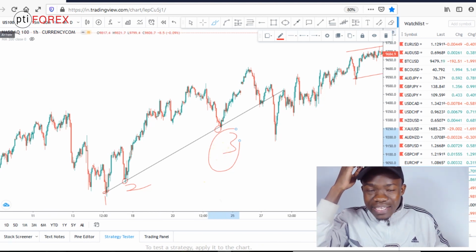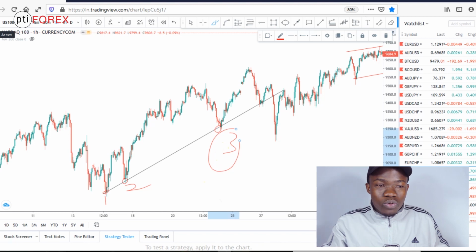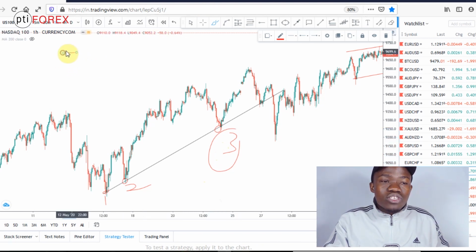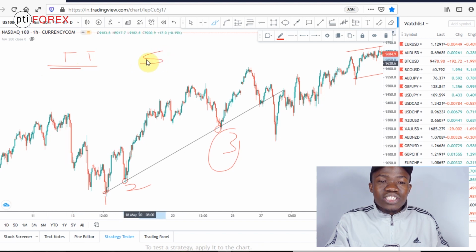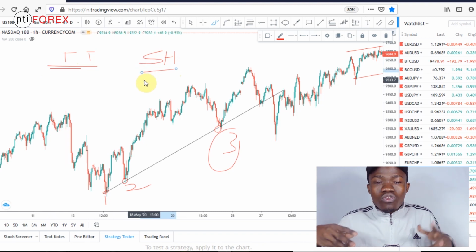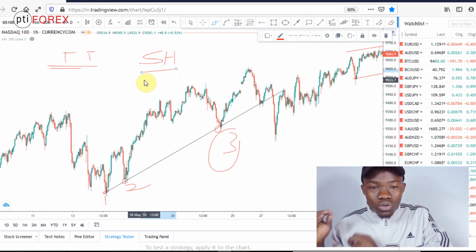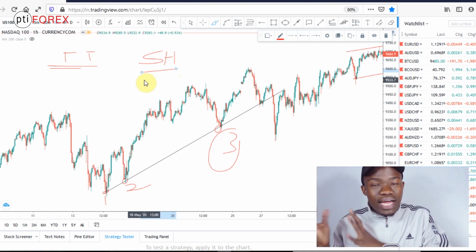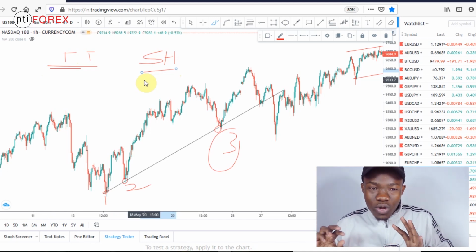And there is one thing that I need to really show you. When it comes to trend trading, you need to know that there is a shift. There is what we call trend shift, whereby the market forms a new sequence of higher highs and higher lows. Not actually that it is no longer higher highs and higher lows, but it forms a new sequence.